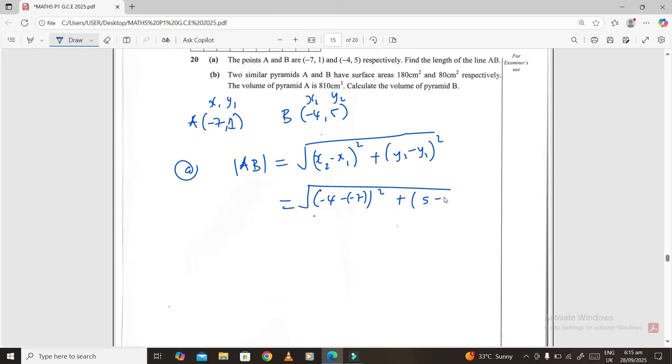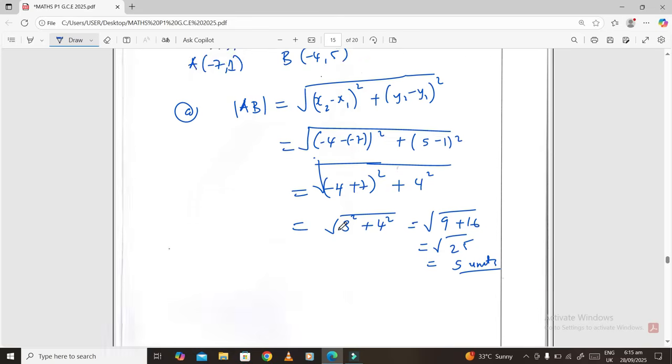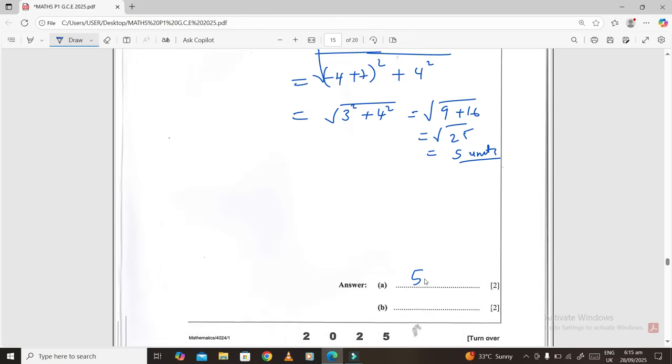So here you can say 5 minus 1, and here it will be negative 4 plus 7, squared, plus 4 squared. From here it will give us 3 squared plus 4 squared. This is giving us 9 plus 16, which is equal to 25, and the square root is 5. The answer is 5 units as our distance. So we can write 5 units.